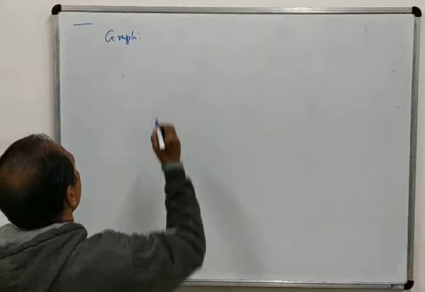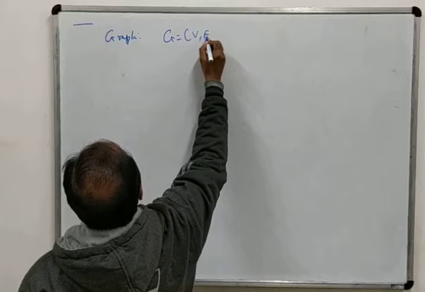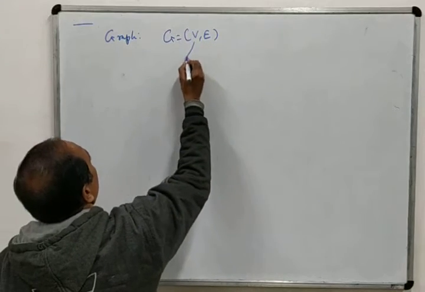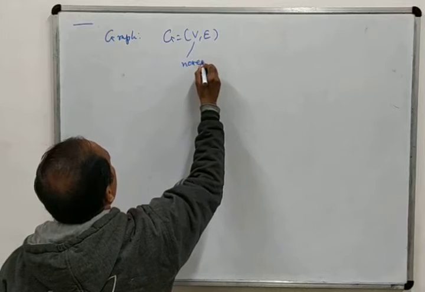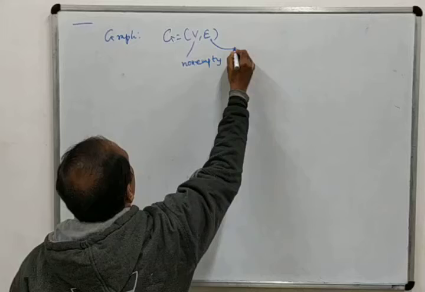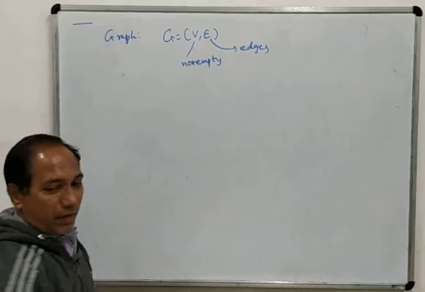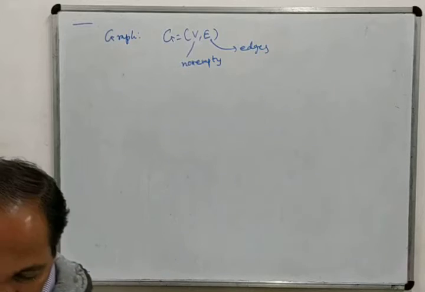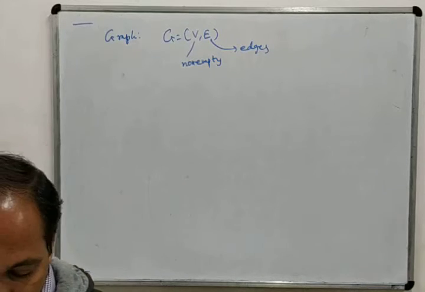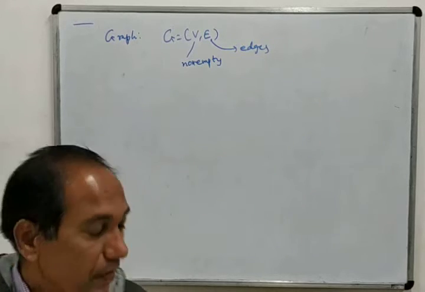We were denoting this by G equal to (V, E), where V is the set of vertices and V is always non-empty. This also we have seen, and E is the set of edges, whose endpoints are the vertices. So it can be represented by E1, E2, E3 or by the pairs of vertices. Pair means the endpoints of the edges.